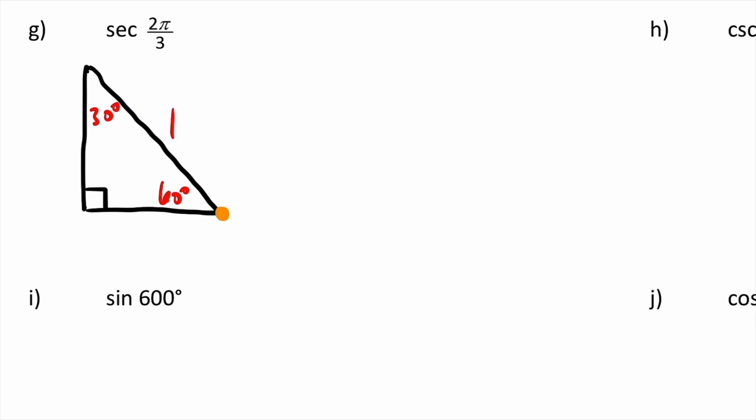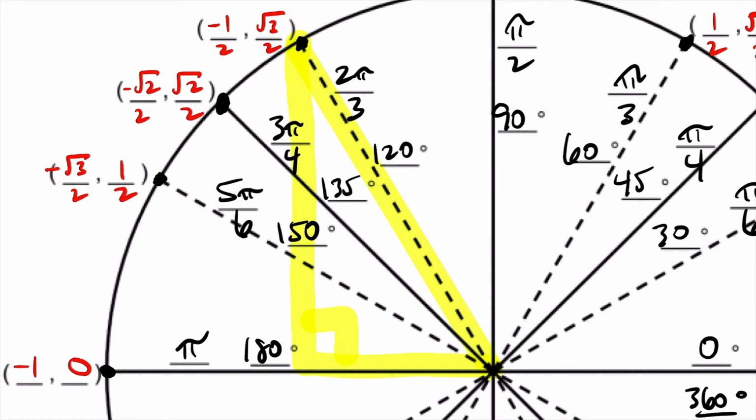Label the side lengths. That's the x, negative 1/2. That's the y, positive square root of 3 over 2.